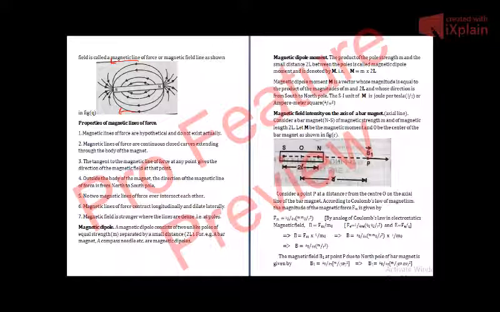As you know the definition of electric field E is equal to F upon q naught. So by analogy, the definition of magnetic field B, where B is the magnitude of the magnetic field, is B is equal to Fm upon m naught.